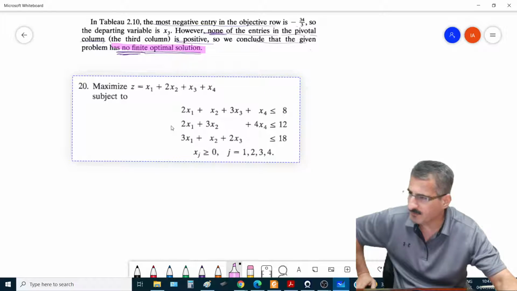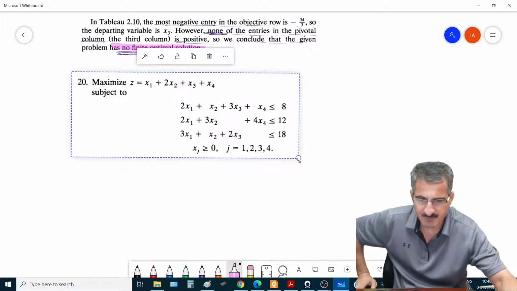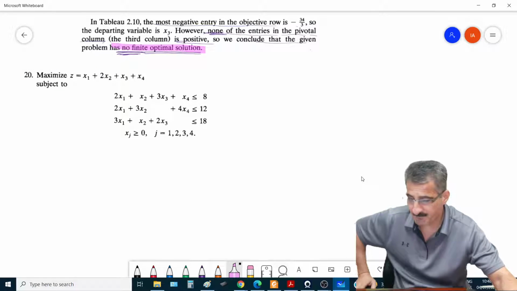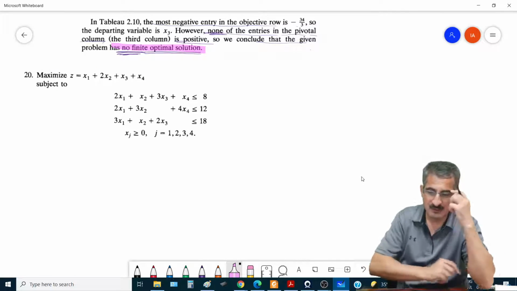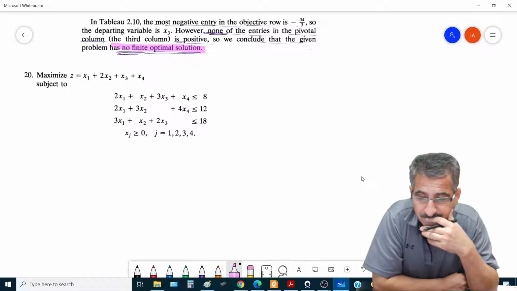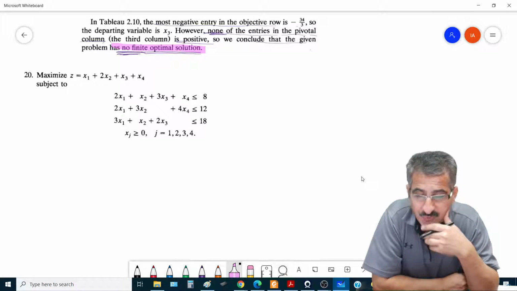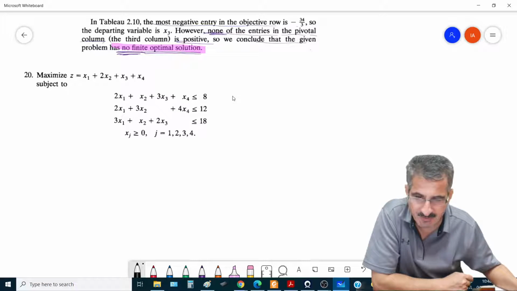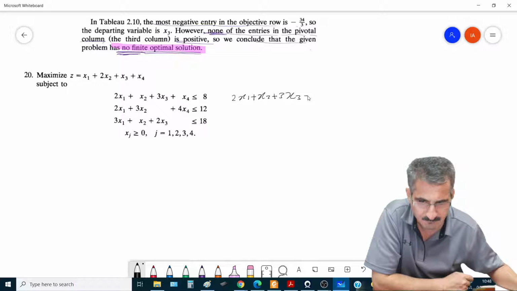Now we want to use the simplex method to maximize this. So we will make a table. But first we need to introduce the slack variables. In the first constraint we will have 2x1 plus x2 plus 3x3 plus x4 equals 8.